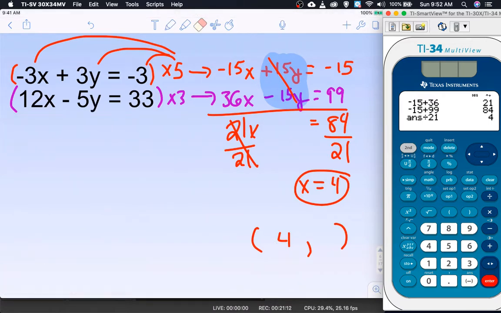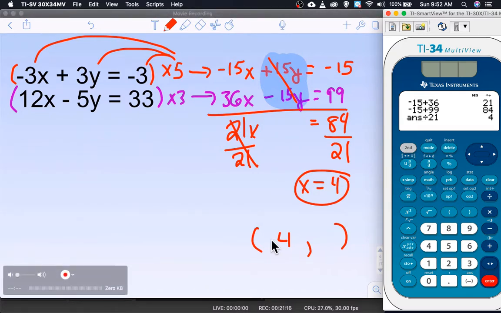Now, I have to find the y-coordinate, the y value. So what we do is take this 4 and plug it into one of our original equations. In fact, I could plug it into any of these equations that still has an x and a y. By giving you a choice, you can choose the one that looks easiest to you.